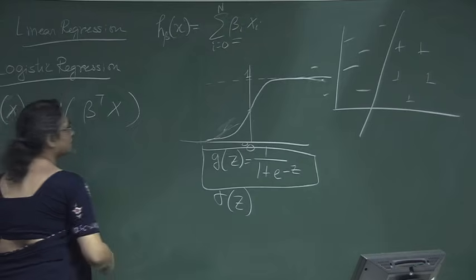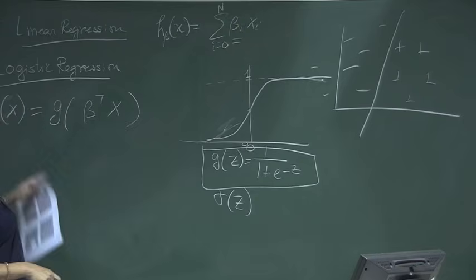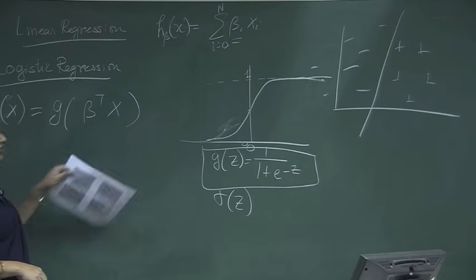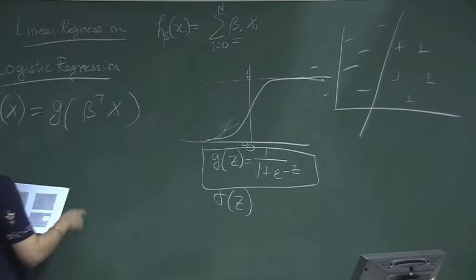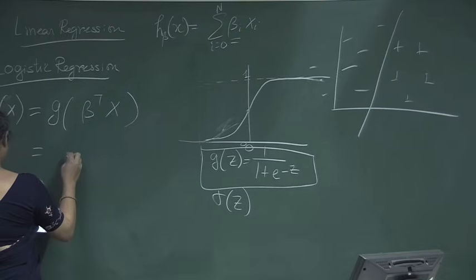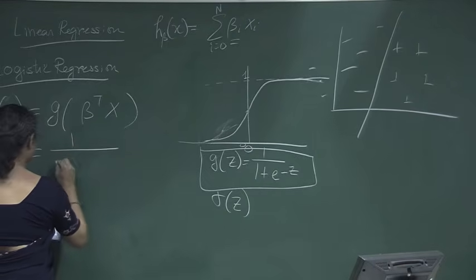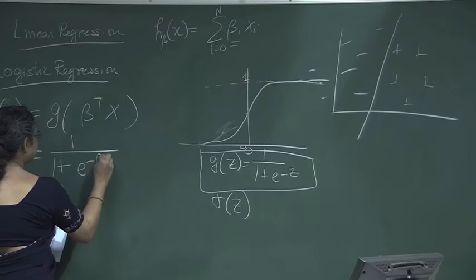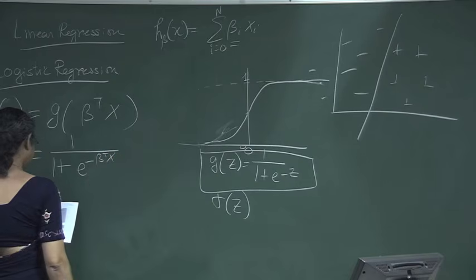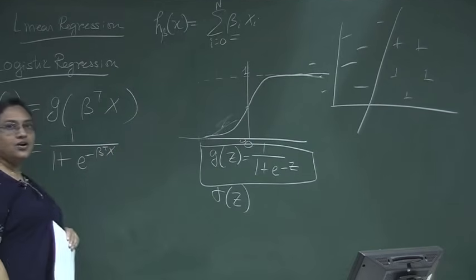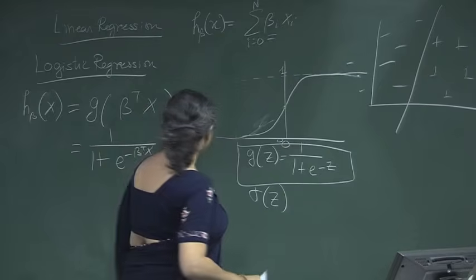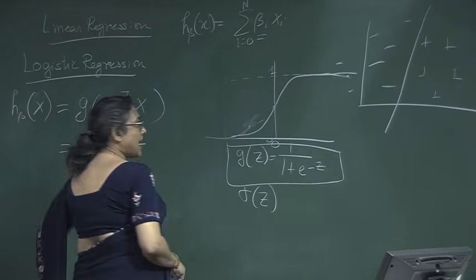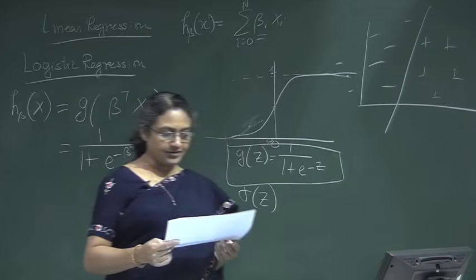More compactly, using matrix notation, we can write h_beta(x) for classification as g(beta^T x), which is equal to 1 by 1 plus e to the power minus beta^T x. So, we can use a linear function of beta, pass it through the sigmoid function, and use it as a classification function.